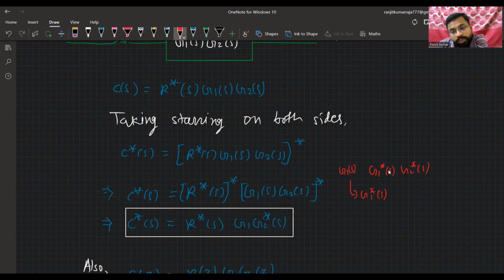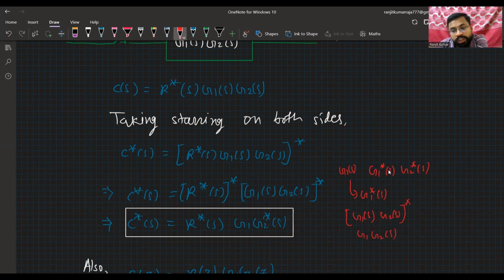But remember, if two functions are given, like G1 of S and G2 of S, let's suppose two functions are given, in that case, first we have to take the product in a single function like G1 of S, G2 of S, then it will become G1G2 of S.